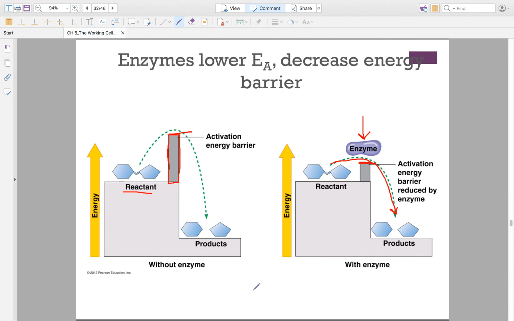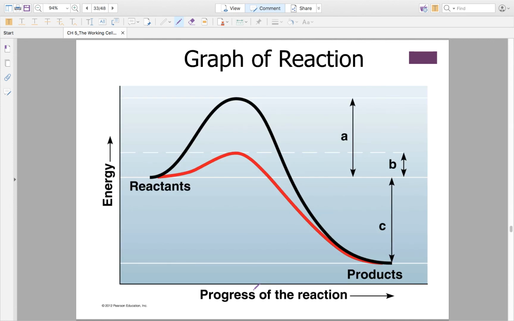Okay, so that's that. Now, if you see a graph, what we're looking at is a graph of two reactions. Here's the reactants, here's the products. And if you look at the left y-axis, it's measuring the amount of energy. And the x is the progression of the reaction.